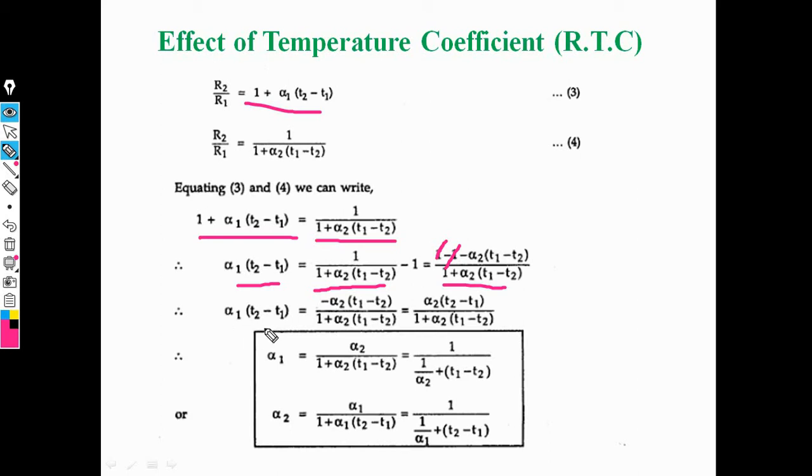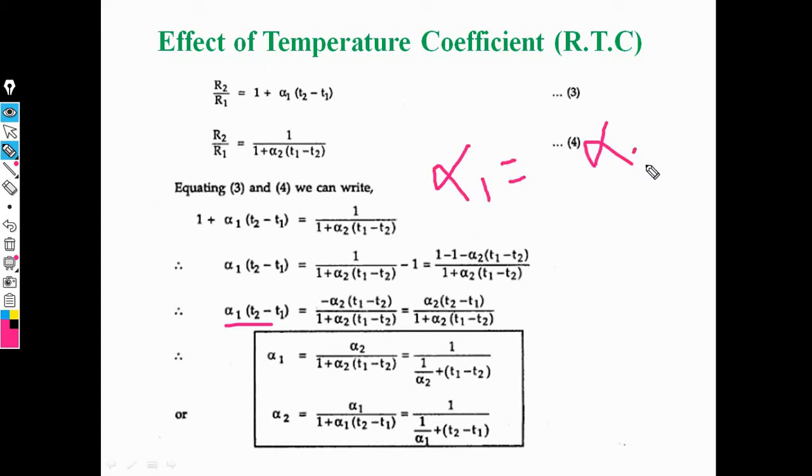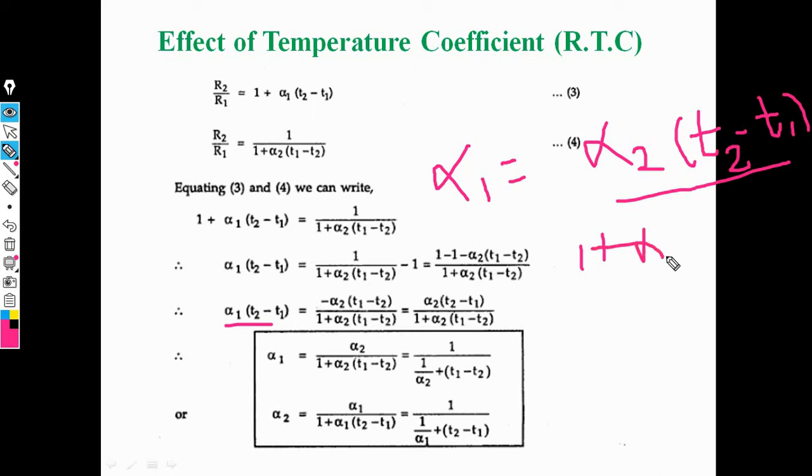Now rearrange the equation for alpha1: alpha1 = alpha2(T2 - T1) divided by (1 + alpha2(T1 - T2)), multiplied by 1 upon (T2 - T1).